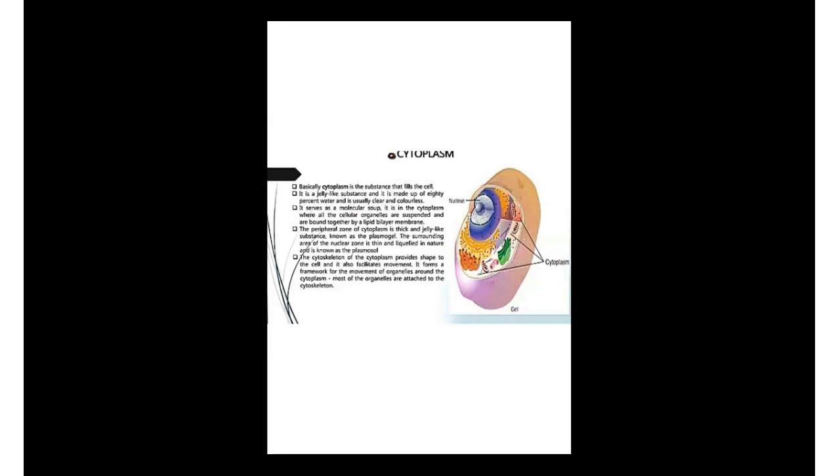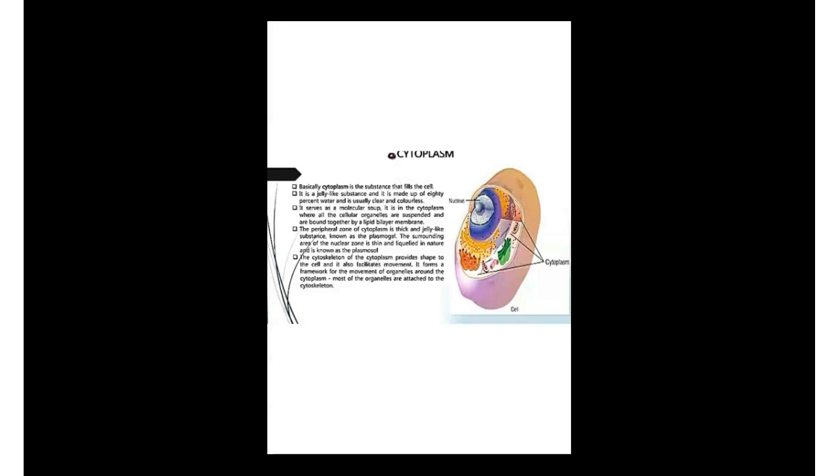The peripheral zone of the cytoplasm is a thick, jelly-like substance known as plasmagel. The area surrounding the nuclear zone is thin and liquefied in nature and is known as plasmasol. Okay, so it is a jelly-like substance made up of 80% water, and it is clear and colorless.